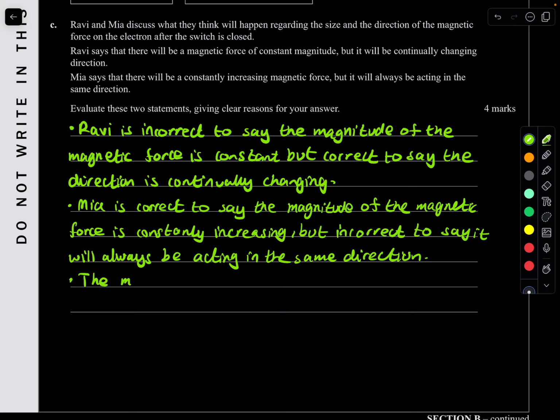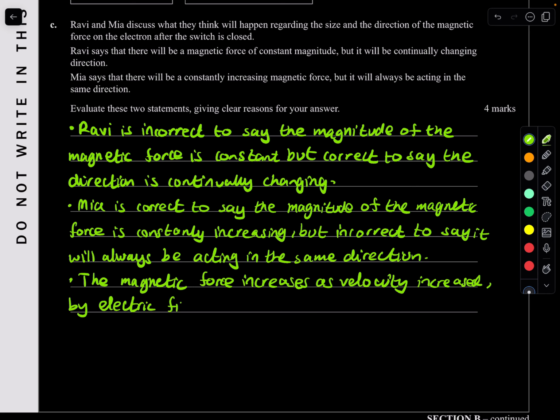So the magnetic force increases as velocity increases. As velocity increases by the magnetic field, by the electrical field that gives us the velocity.